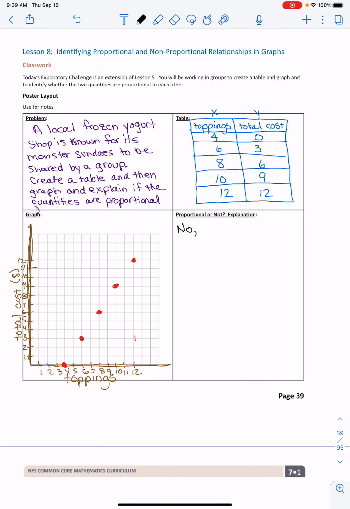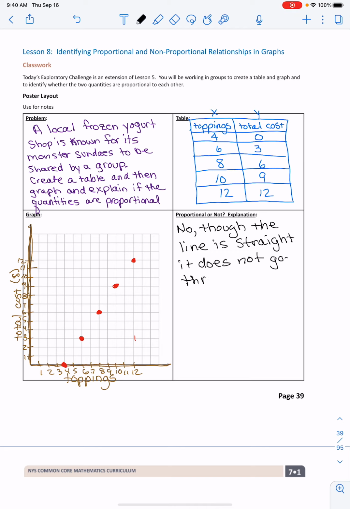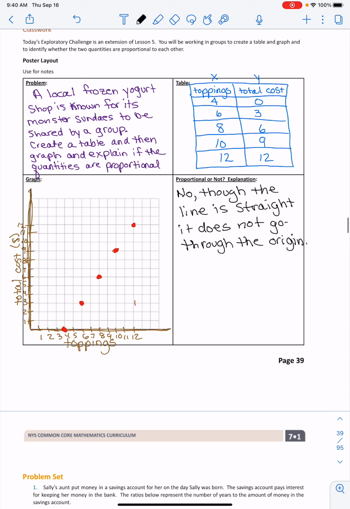So no, though the line is straight, it does not go through the origin. And that ends the lesson for today.